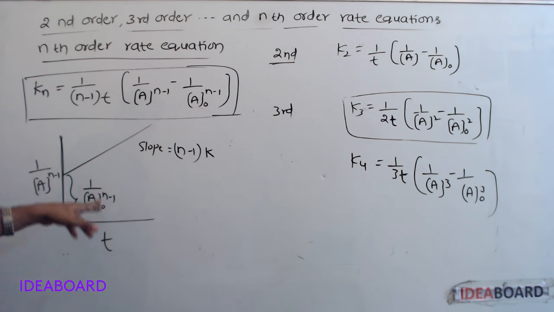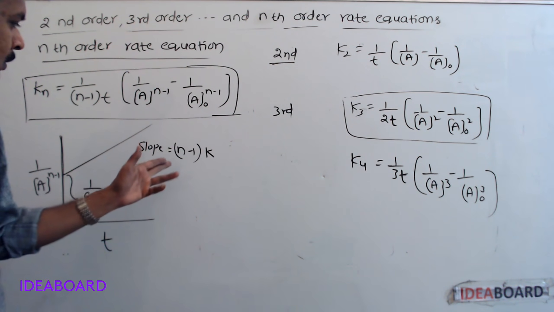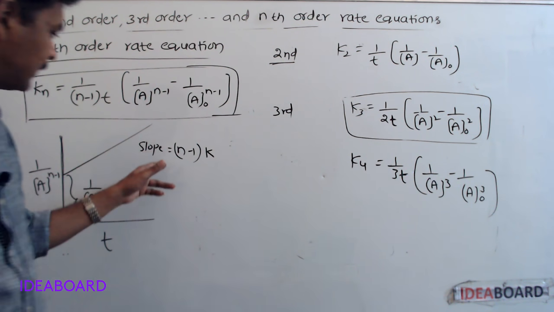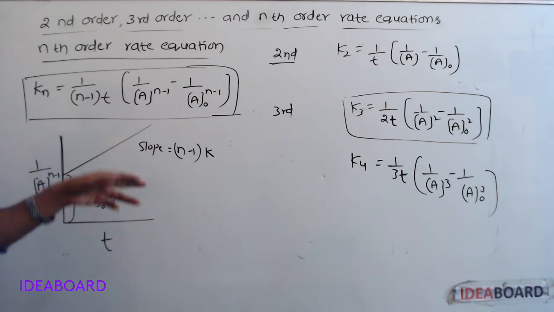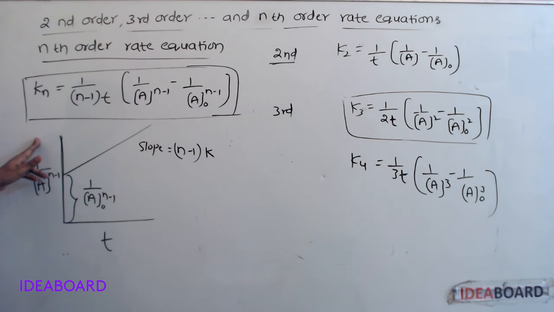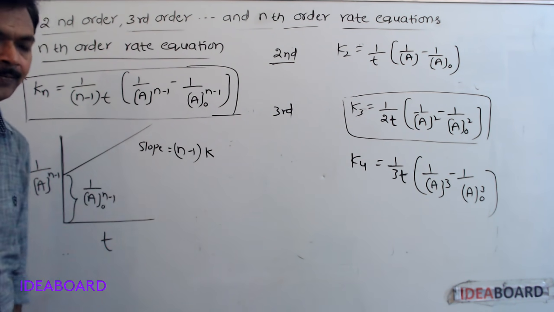Y-intercept is 1 by A naught square and slope is 2k. Then for nth order reactions, when a graph is plotted between 1 by A power n minus 1 and t, a straight line is obtained. Here y-intercept is 1 by A naught power n minus 1, slope is (n minus 1)k.